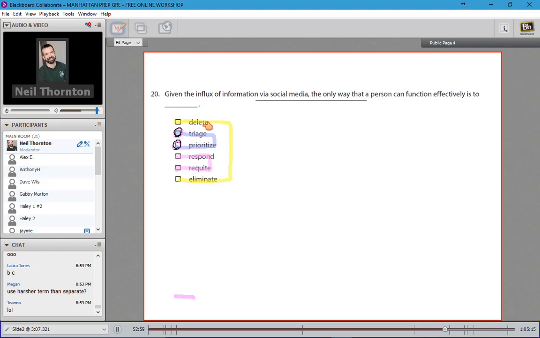Therefore, I'm really likely to pick delete and eliminate. But then I get this clue, and I'm like, oh, I have to triage and prioritize according to this. Does that make sense about how we can make up our mind before we get to the end?